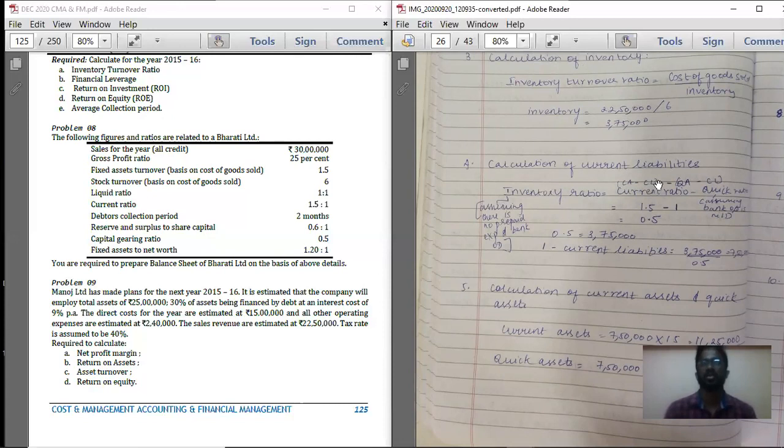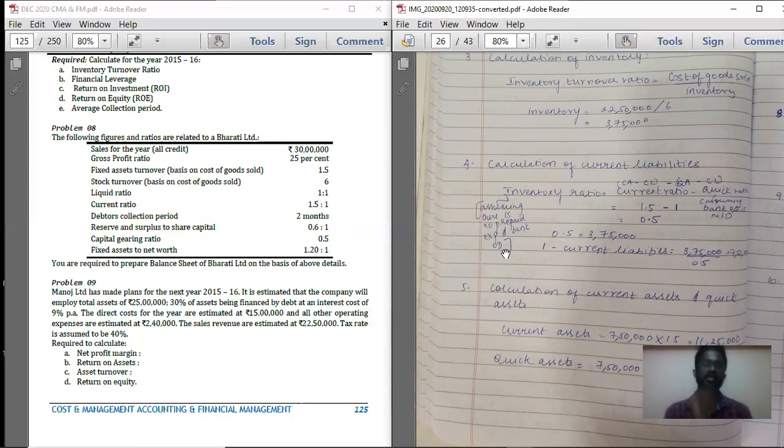See, usually current assets and quick assets vary only with 2 items, that is inventory and prepaid expenses. We are assuming that in this particular sum there is no prepaid expenses. You just take down in the bracket, assuming there is no prepaid expenses and bank OD.